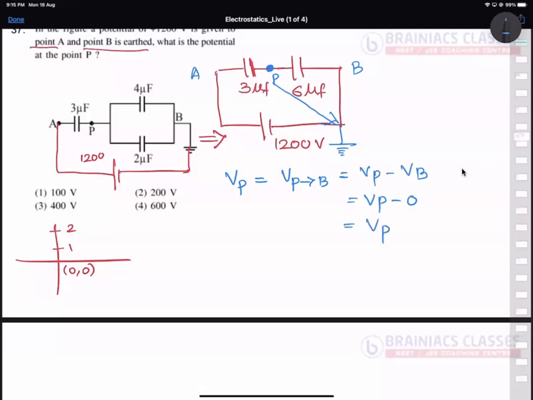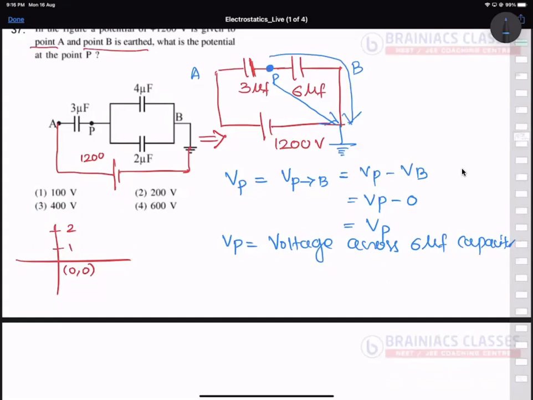Now the voltage at the point P, I am writing in another form. The voltage at the point P is equal to the voltage across the 6 microfarad capacitor. It is not the 3 microfarad capacitor. Why? Because if I draw one line from P to ground, the line will go through the 6 microfarad capacitor.